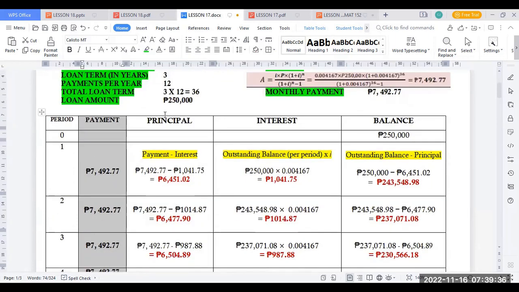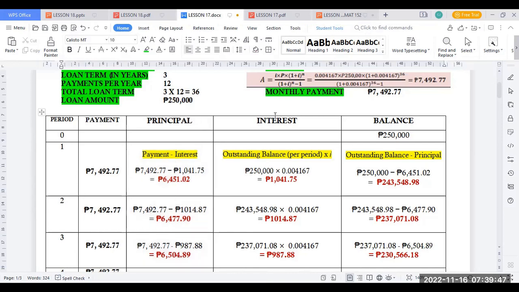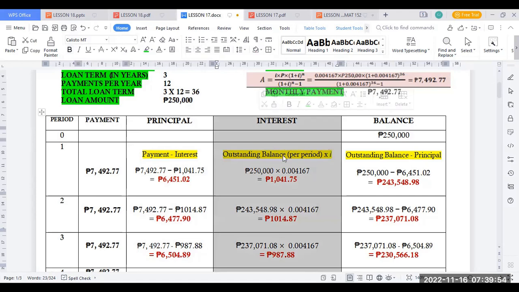Now, to compute for the principal, okay, this is the principal. I have provided here, payment minus interest. Pero mas maganda, i-compute nyo muna yung interest. Kasi hindi nyo makakompute si principal kung wala si interest. So, you compute first the interest. So, for the interest, that's the outstanding balance. Or sabihin natin balance na lang. Okay, si balance per period times the interest.